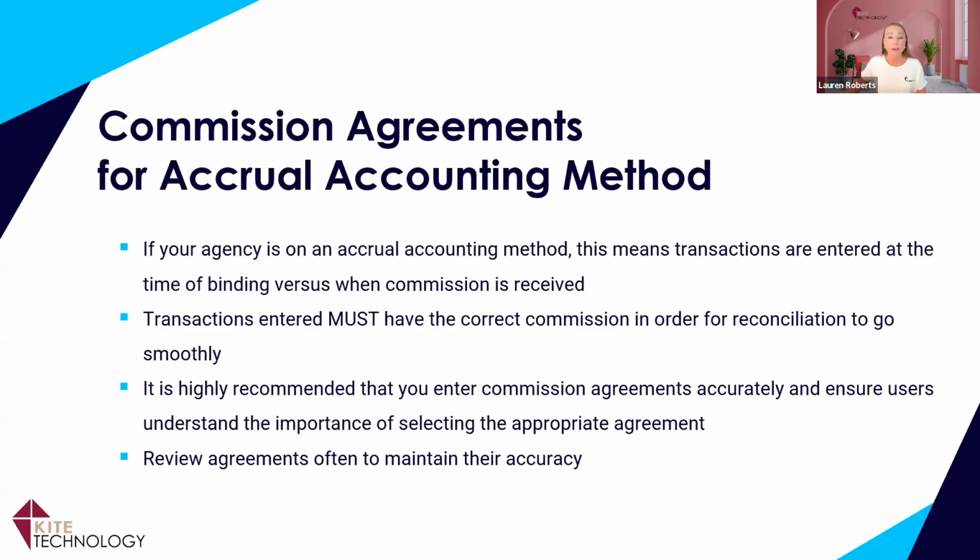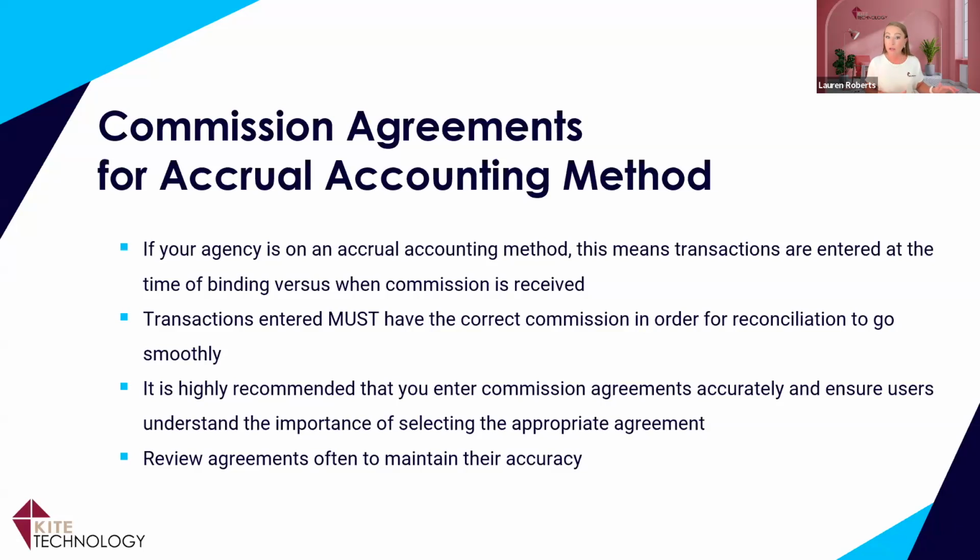Because if we're not choosing the right commission agreement, or if we are not getting those agreements updated, those transactions are going to be wrong. There's going to be a lot of adjustments that have to be done on the back end in the general ledger. Your accounting team is going to need like 12 more people so they can correct the mistakes. So we definitely want to make sure that if you are going to configure these out, that you're on this required basis, you keep an eye on that.